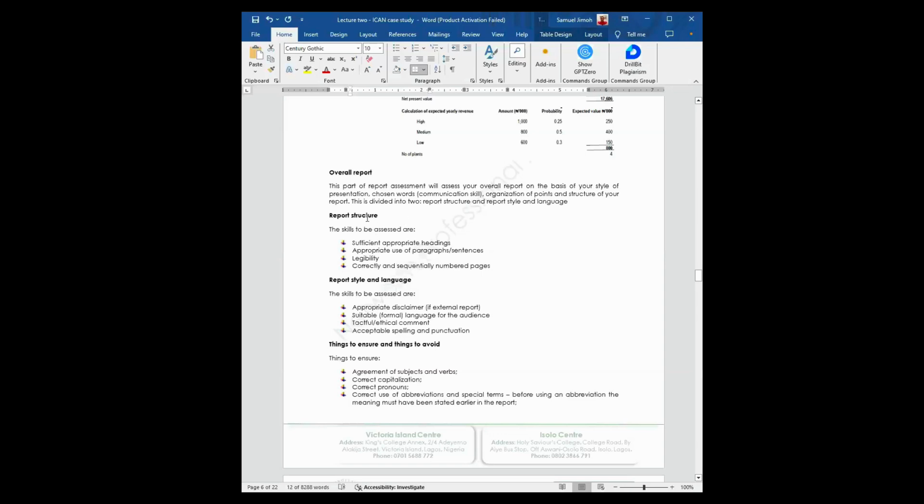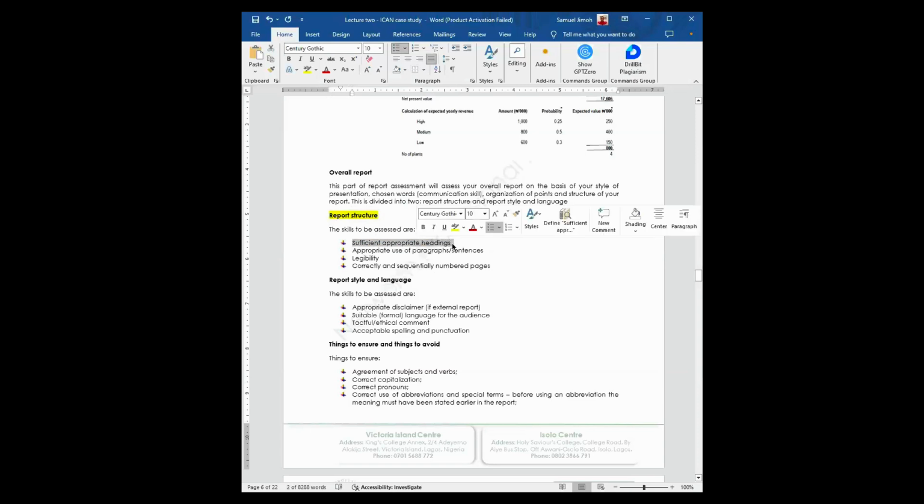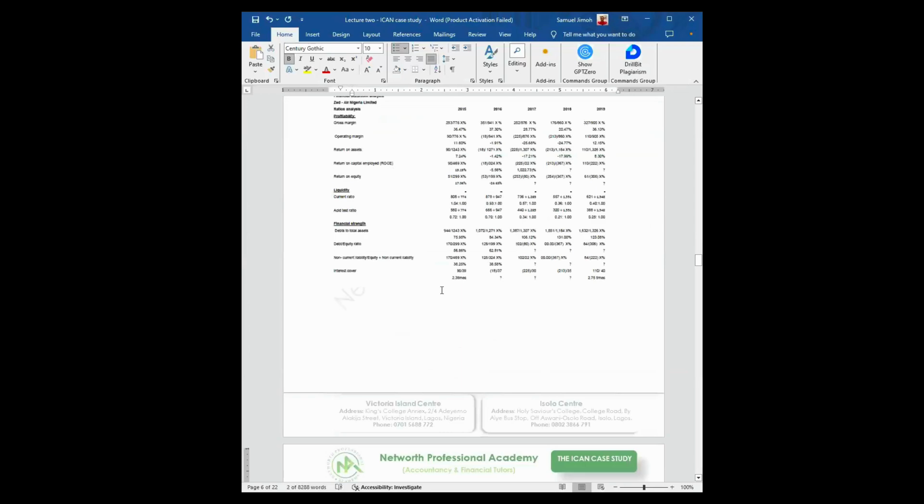Now, under the overall report, there are two basic sub-skills. The first one is the report structure. So what are those things that you are expected to do under report structure? The first one is that you're expected to include sufficient and appropriate evidence. Here is how that is applicable.